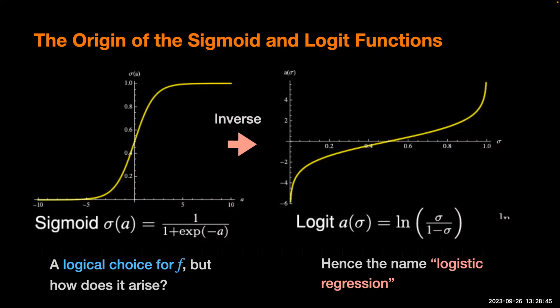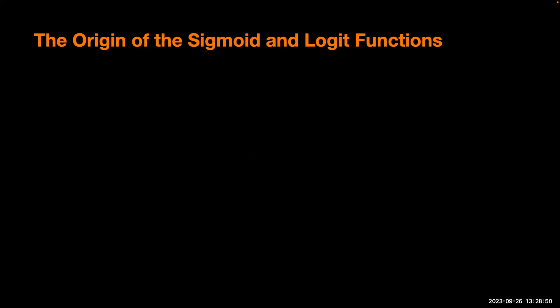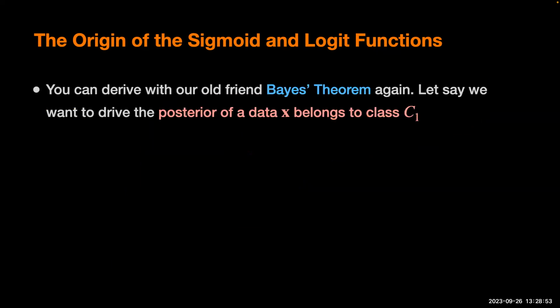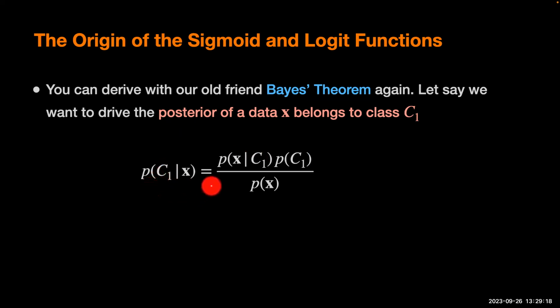So this seems like a very logical choice, but how does this come into play? Why do people know this form? In order to come up with this form, it turns out that, again, the only thing that you need to know for the whole course is, A, Bayes theorem, B, Bayes theorem. So if you know Bayes theorem, you can derive anything from scratch. It turns out that the sigmoid function can also be derived from Bayes theorem. Why is this the case? Remember, if I focus on the classes, P of C1 given X is equal to P of X given C1 times P of C1.